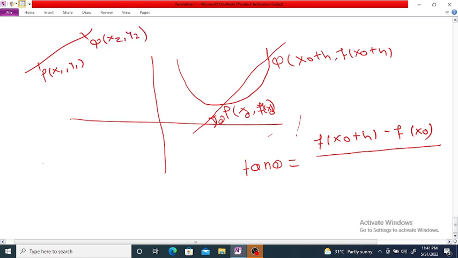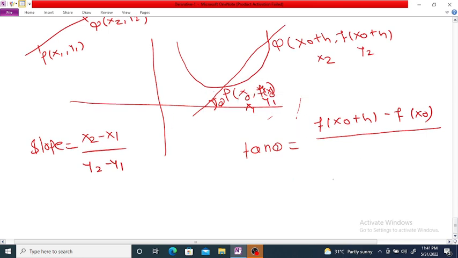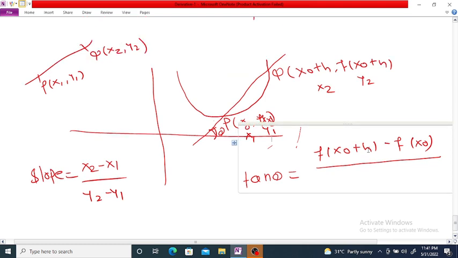Then the slope of line PQ is y2 minus y1 divided by x2 minus x1.